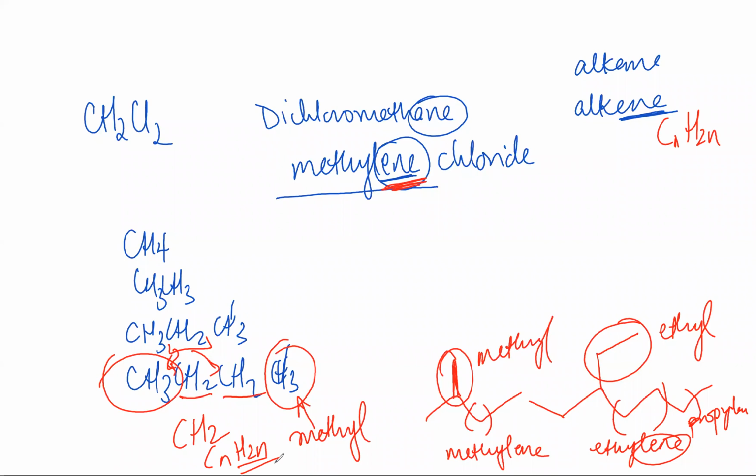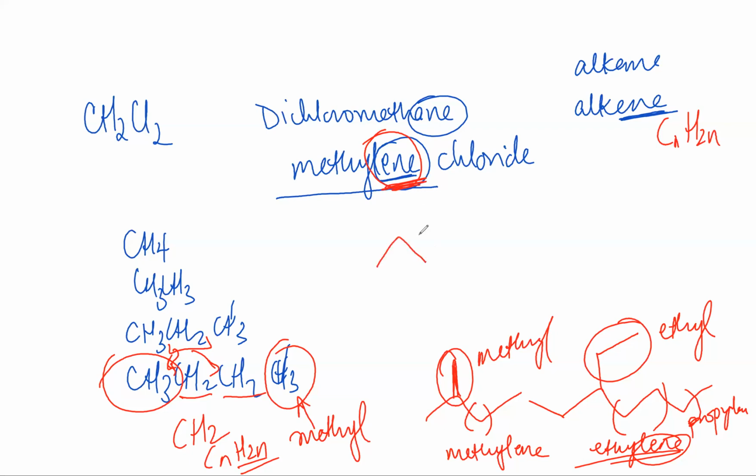And so understand that if you have a CH2 unit, that is two hydrogens with one carbon, or in this case, ethylene. So when we come to that nomenclature, I'll mention that to you in just a minute. So that's the whole concept behind methylene and ethylene and propylene, okay?